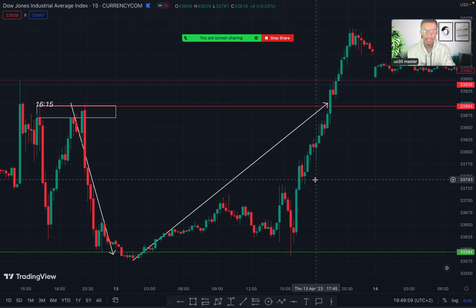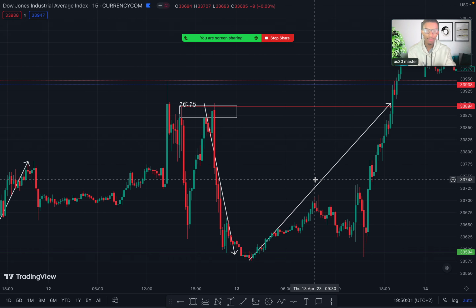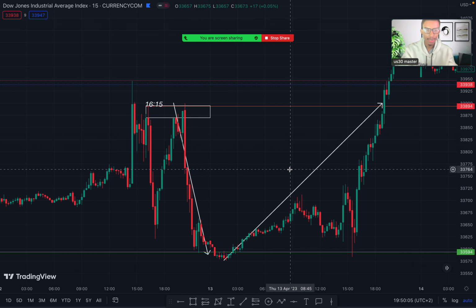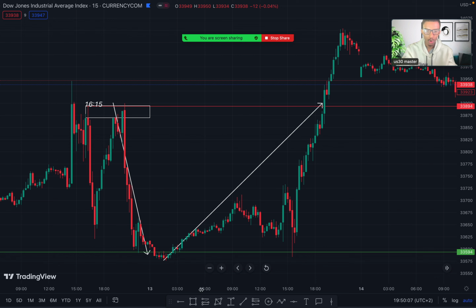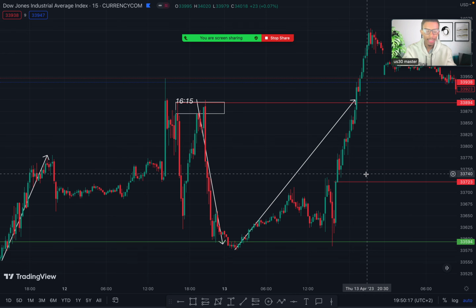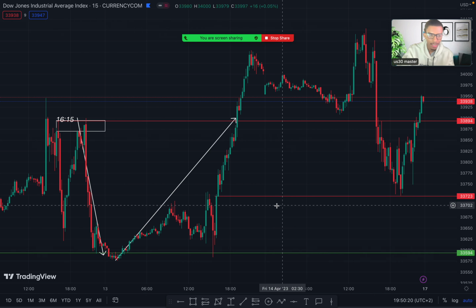Okay, I see another 16:15, because we saw 16:15 here created a strong support and resistance. So we can draw another 16:15 here, guys. I don't know if we take the low or the full candlestick. Okay, so we take the low.